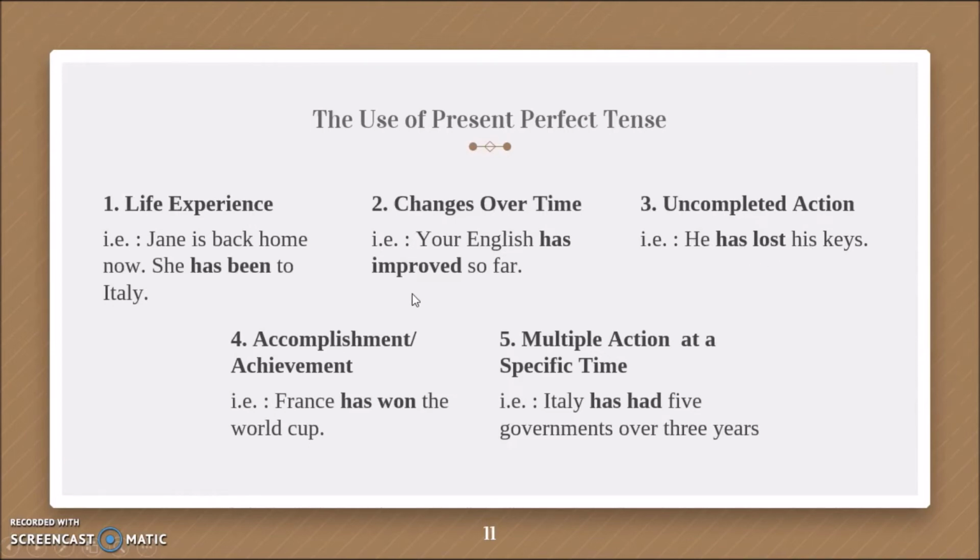And for giving accomplishment or achievement, we can use present perfect tense. For example, France has won the World Cup. And the last is the multiple actions at a specific time. For example, Italy has had 5 governments over 3 years.